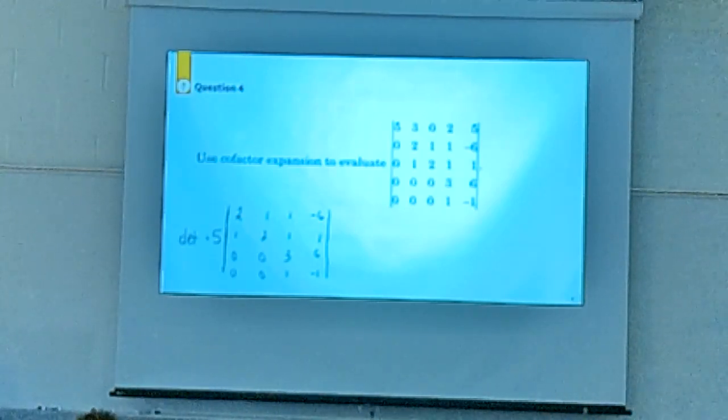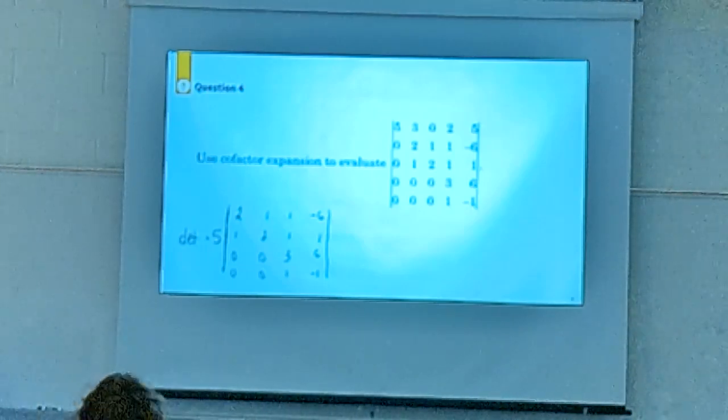We have 4 convenient choices. Next, obviously, we're going to do cofactor expansion again for that 4 by 4. We can do column 1, column 2, row 3, or row 4. Row 4 is definitely the best option.